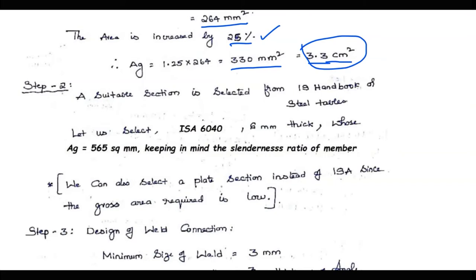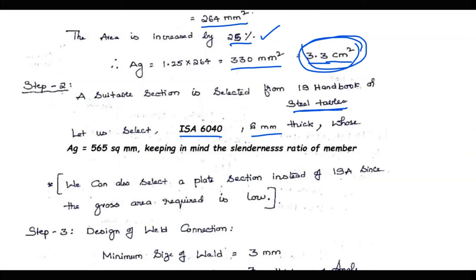So here I have chosen an Indian standard angle section from the steel table, and that is ISA 6040 of thickness 6 mm. Let me show you the parameters from the code book, how I chose that. See here, the area is 3.3.